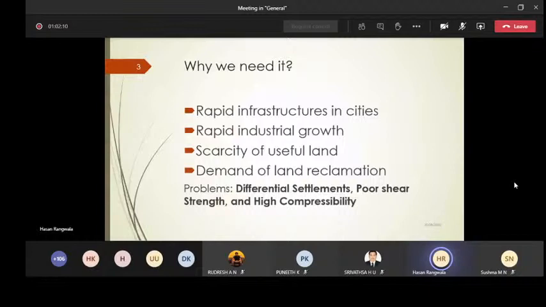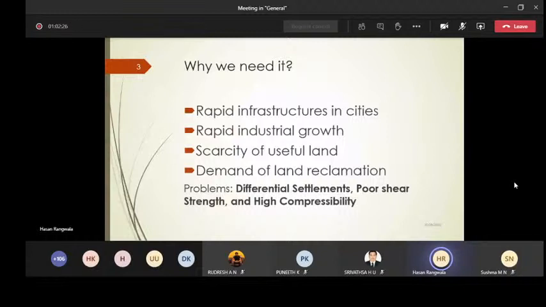Okay, the demand for land reclamation is also quite high. We are reclaiming quite a large area of land in most of the cities. Why?